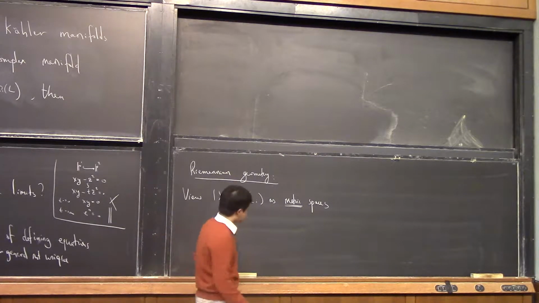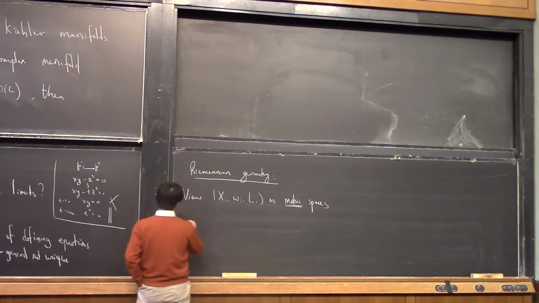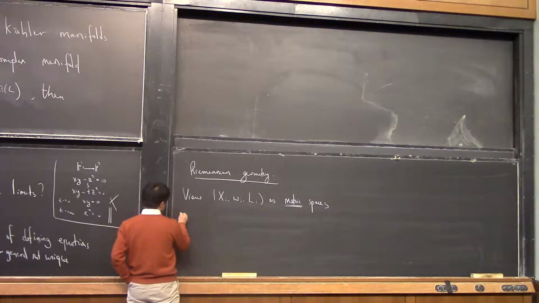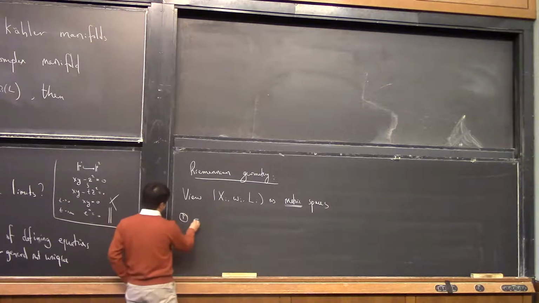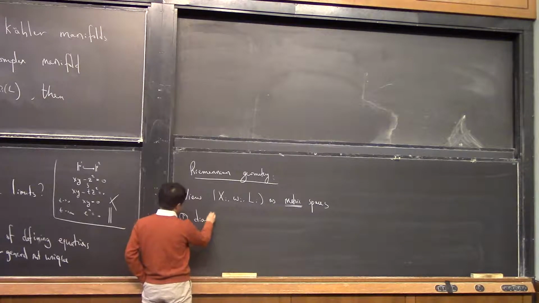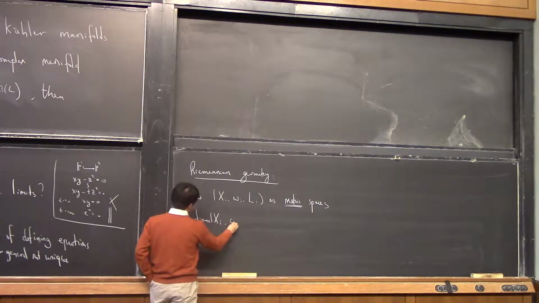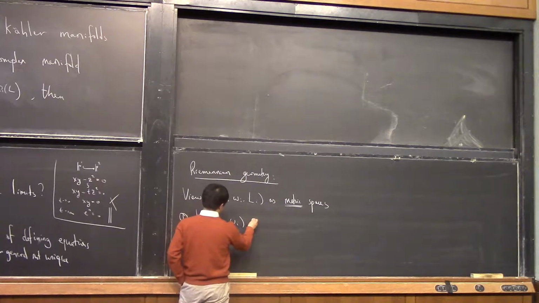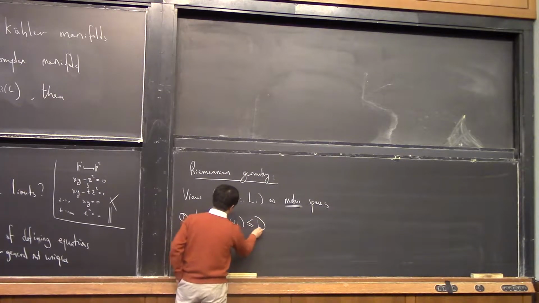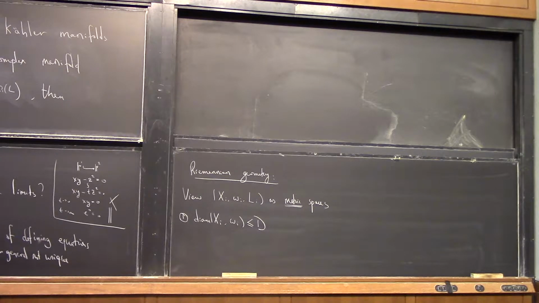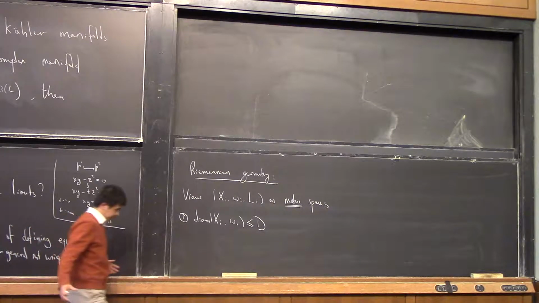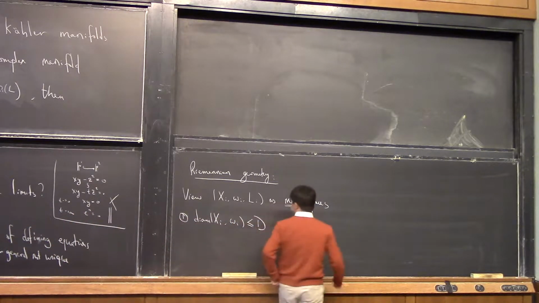So under two natural conditions, the first is the geometric condition: assume the diameter of (Xi, ω_i) is bounded by some fixed number d. So we want to take a limit which is still compact. If the diameter goes to infinity, then the limit won't be compact.